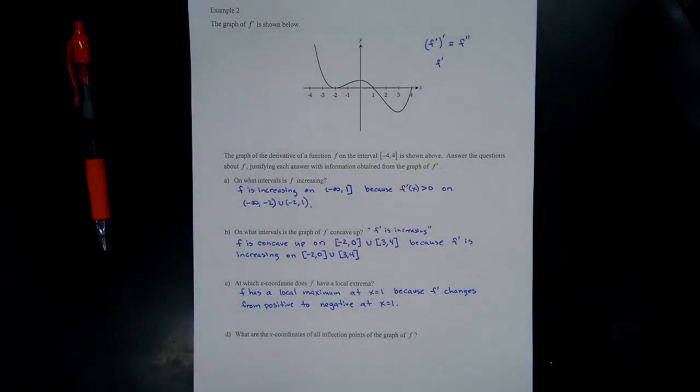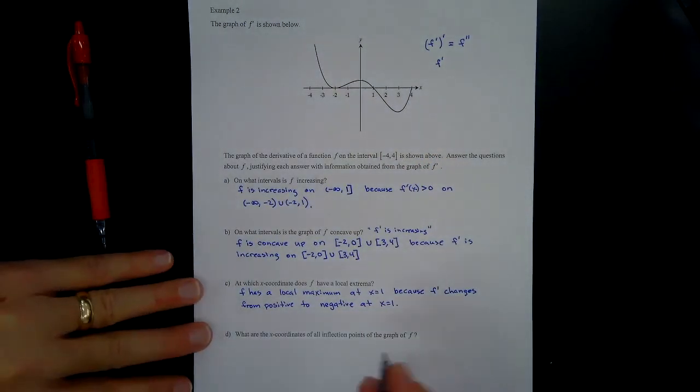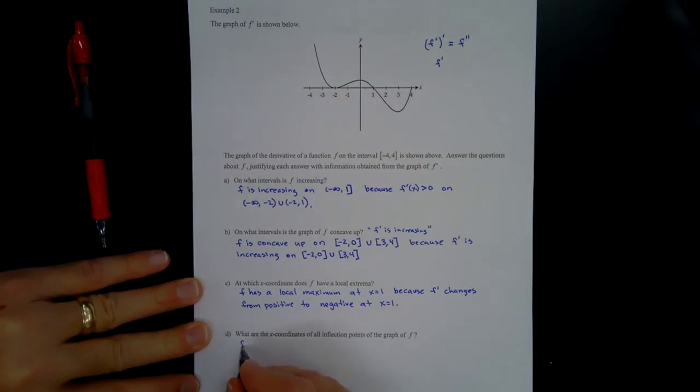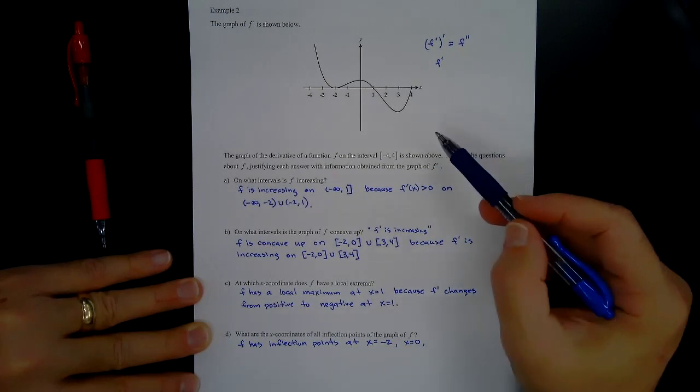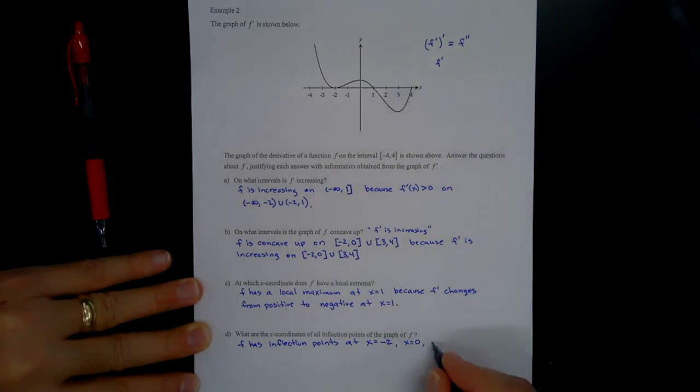So we got to talk about why it's happening there, okay? So f has inflection points at x equals -2, comma, x equals 0, comma, and then x equals 3.